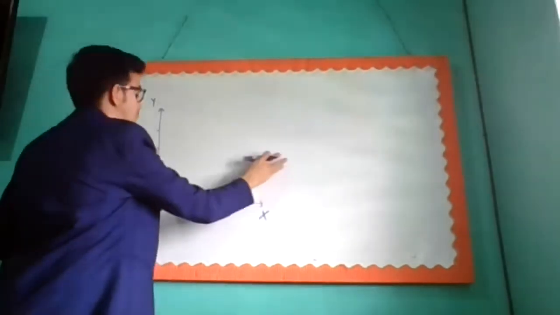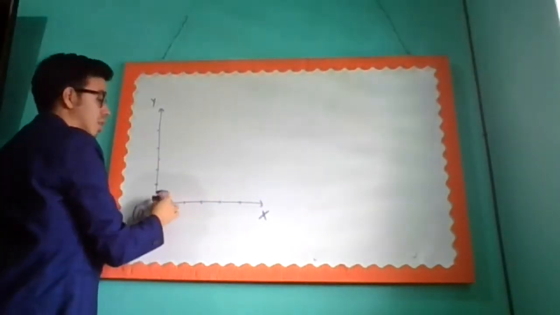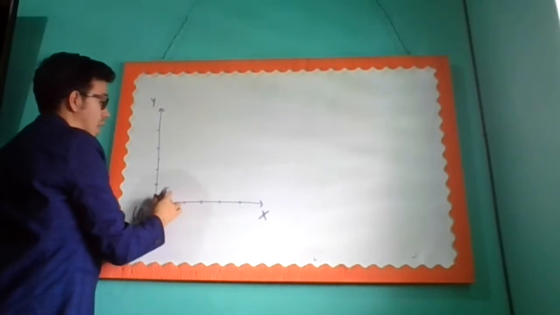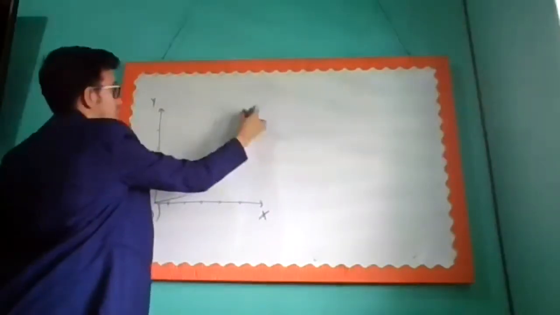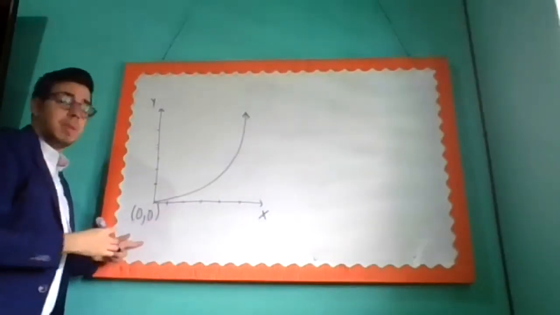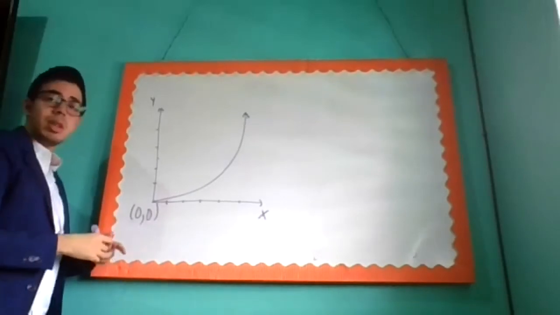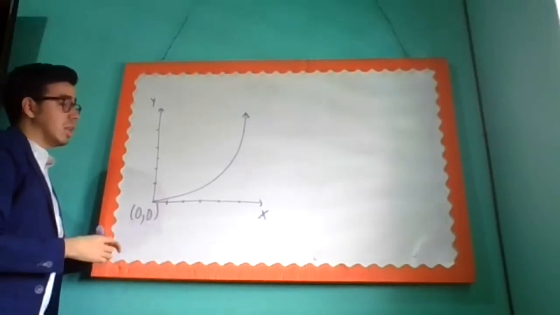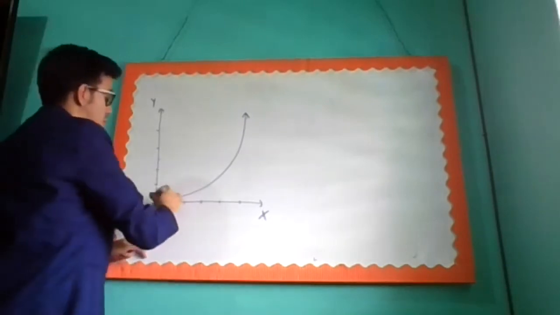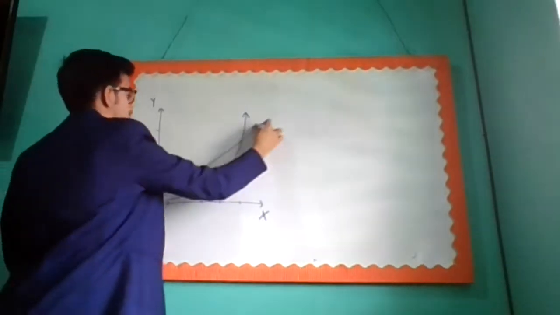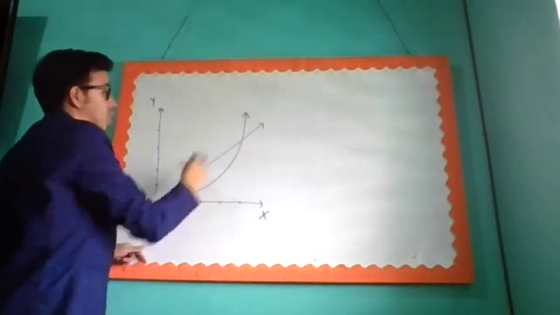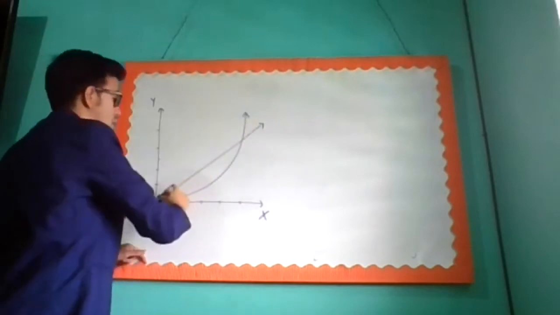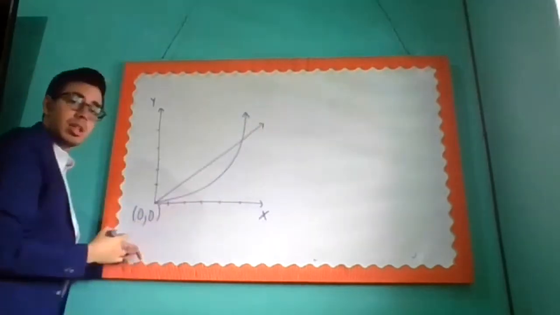When you have a proportional relationship represented in a graph, it has to pass through the origin. And for example, if I have this starting at the origin, but it's going to be like this, can this be a proportional relationship? No, right? Because a proportional relationship has to be a straight line. It has to be completely straight.